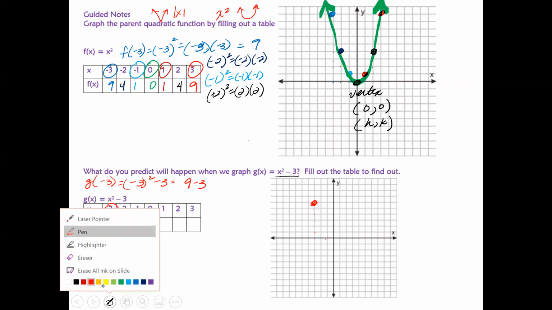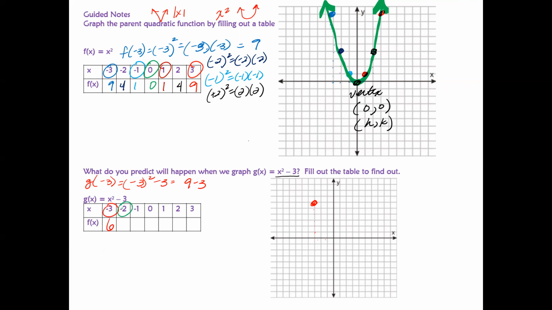That's my first point. When x is -2, you have -2 squared minus 3. So -2 times -2 is +4. Minus 3 gives me a 1. So -2, +1. Next, when x is -1, -1 squared minus 3, 1 times 1 is 1, 1 minus 3 is -2, so -1, -2, right there.